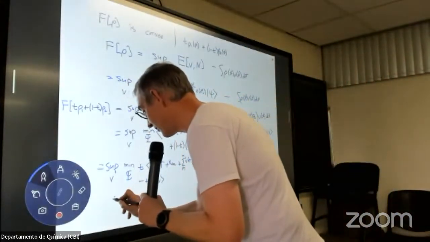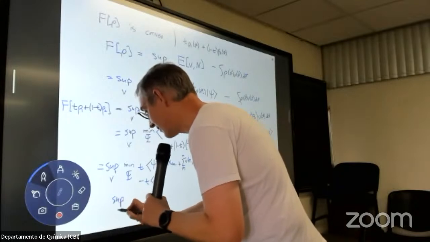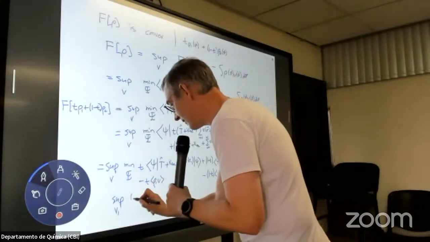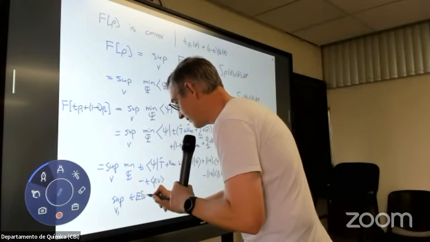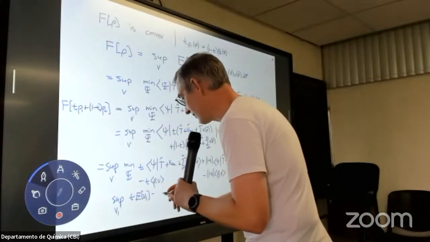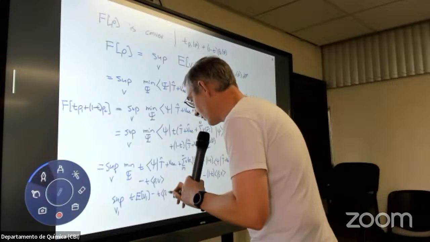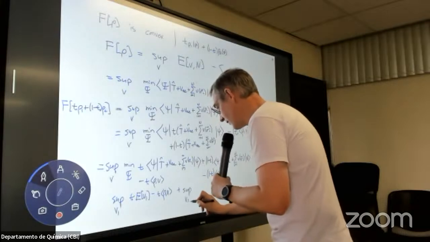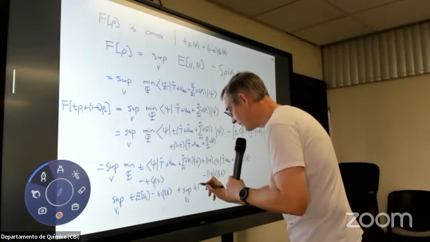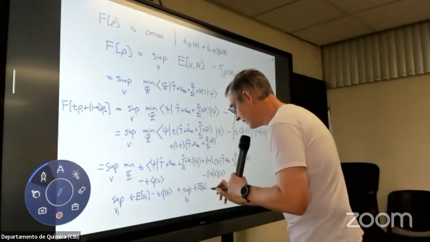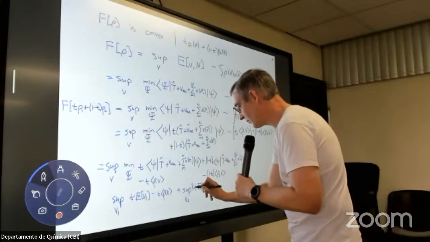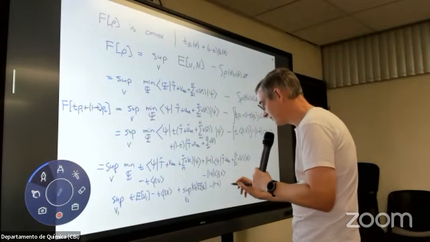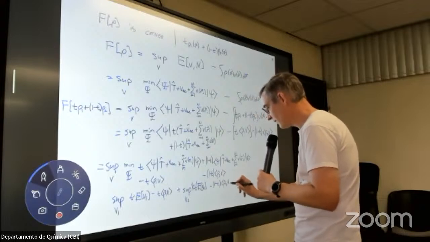I don't know exactly what to write yet, but I'm going to write this as a supremum over, let's call it v1, of t times the energy of v1 minus t rho 1 v, plus a supremum over v2 of 1 minus t times the energy of v2 minus 1 minus t rho 2 v2.